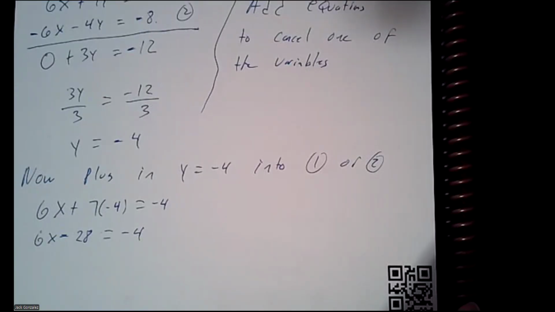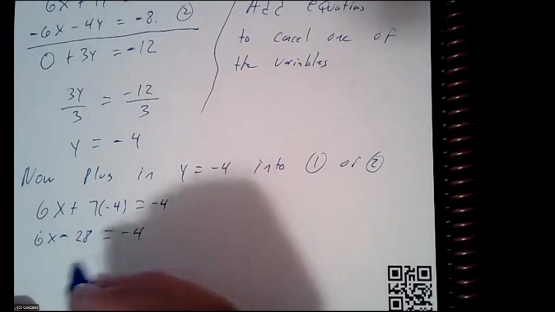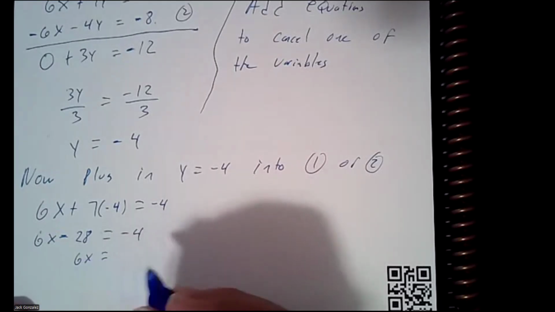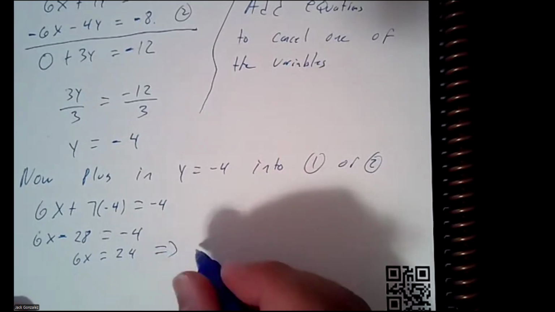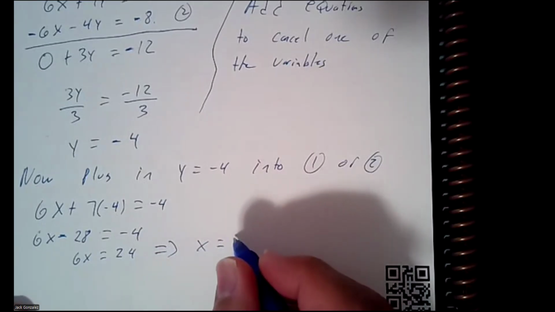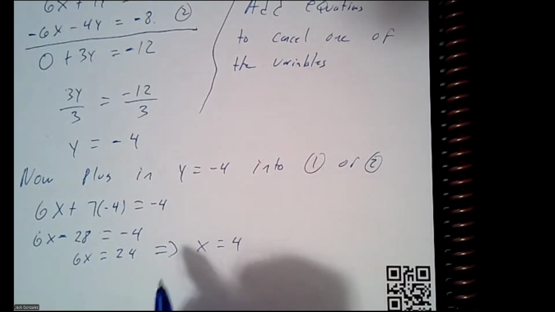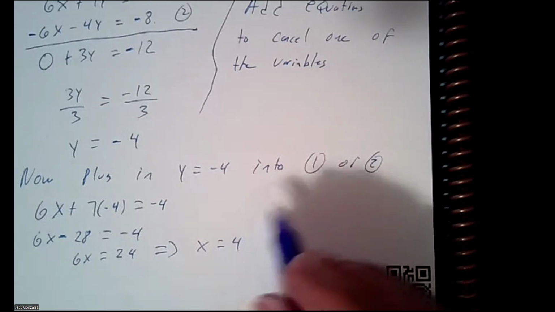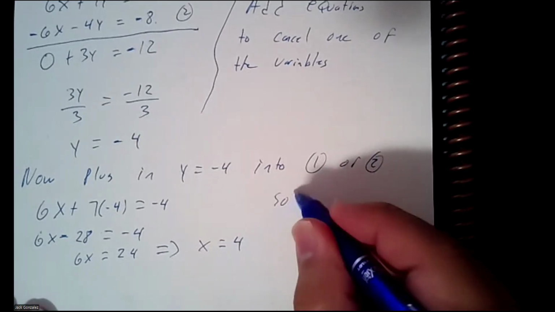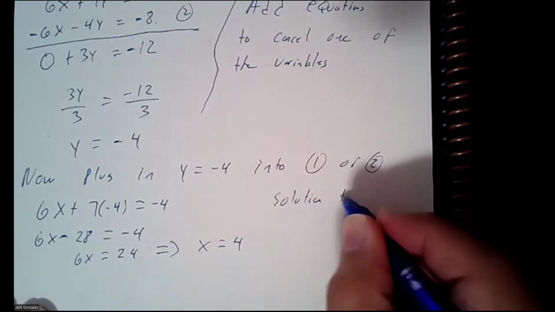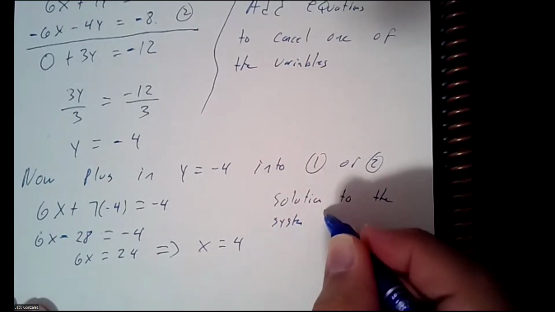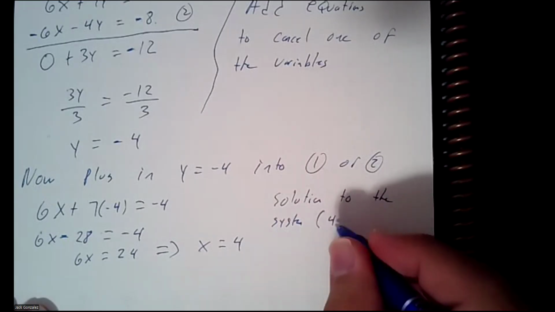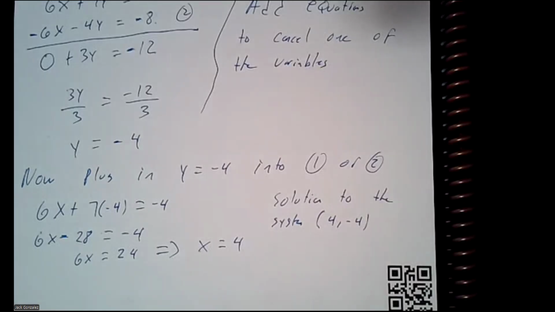Okay, let's add 28 to both sides. I'm running out of space here. That'll give us 24, which means that x is equal to 4. Divide both sides by 6. Let's skip a minor step. So the solution to the system is a unique point 4 comma negative 4.